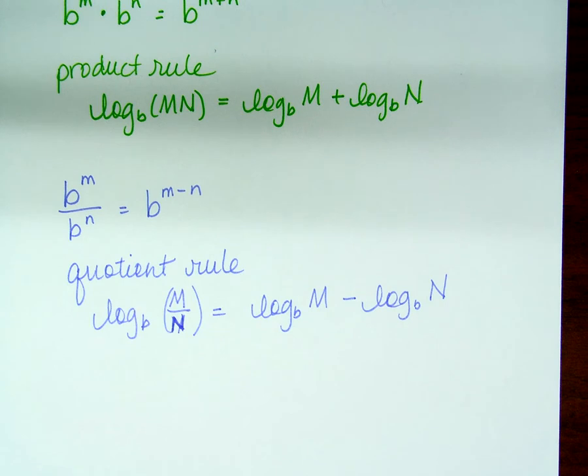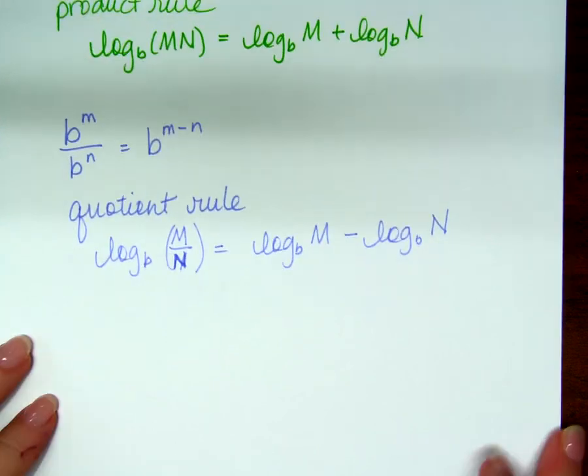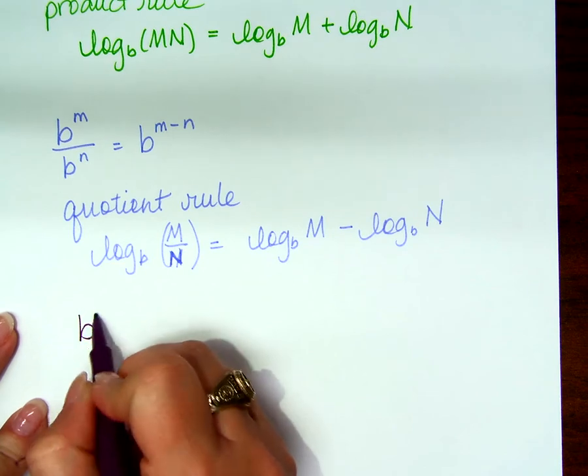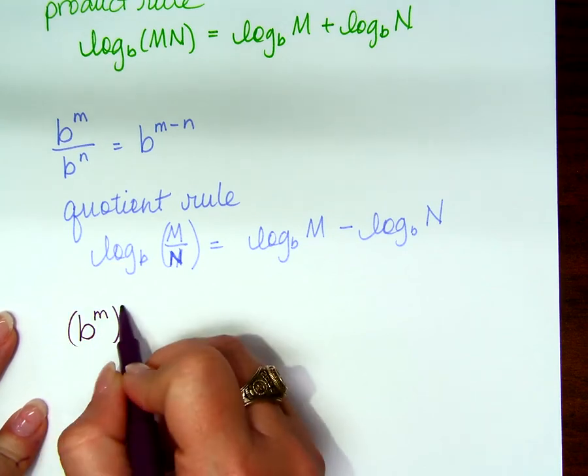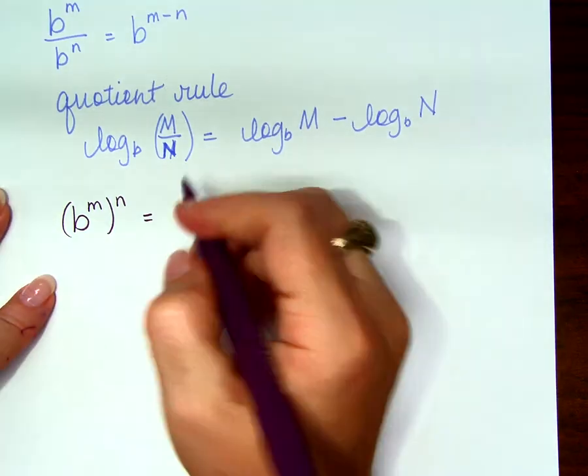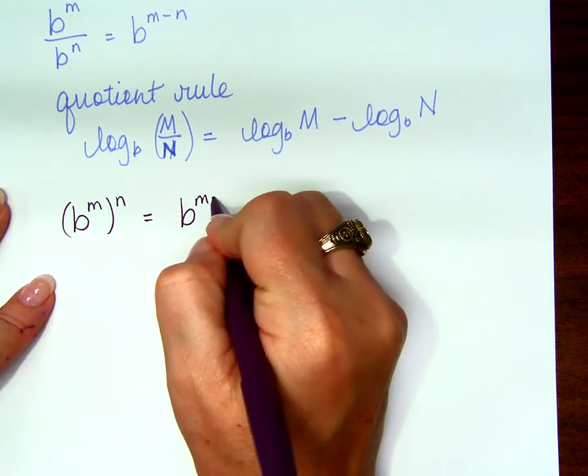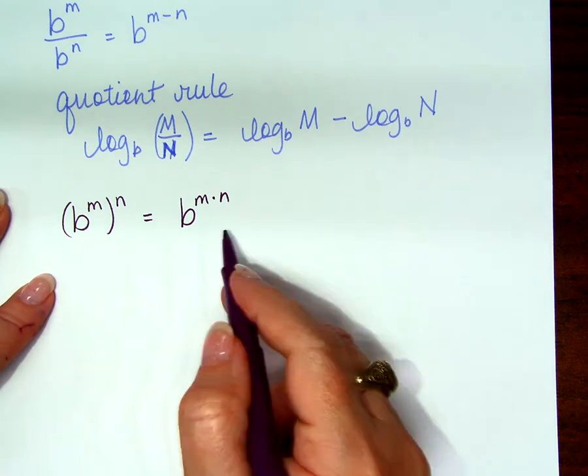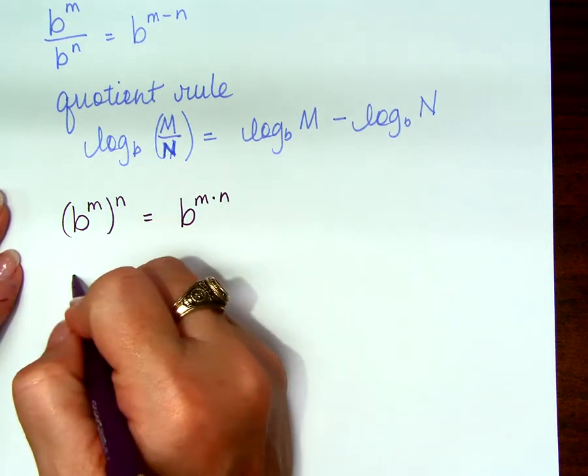Well, besides the product rule and the quotient rule, we have one more. Think of this rule on the exponential side. b to the m raised to the n. What happens here? b to the m times n. So that's the exponential side. Here's the logarithmic side.